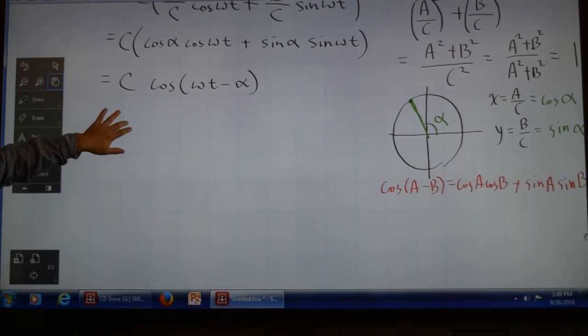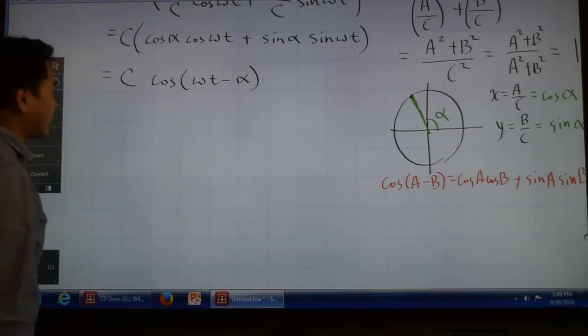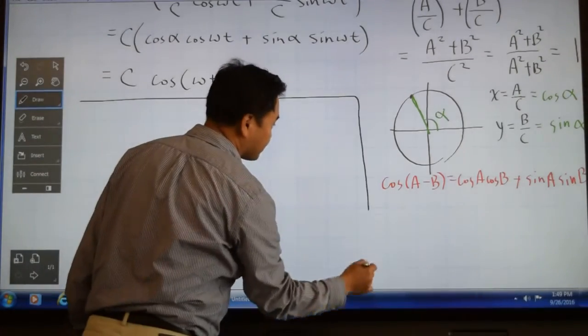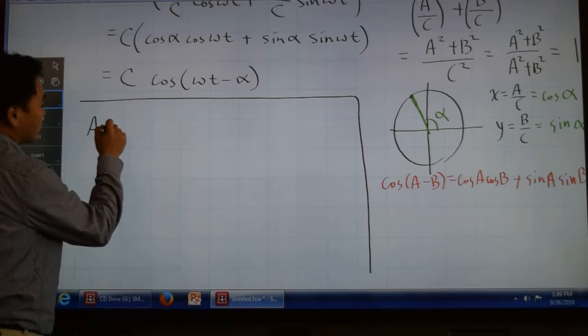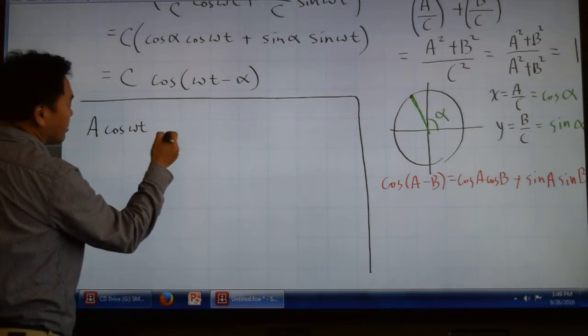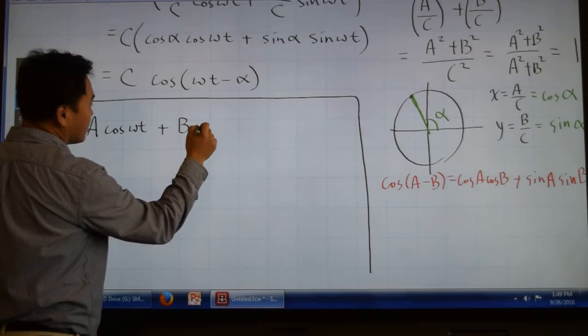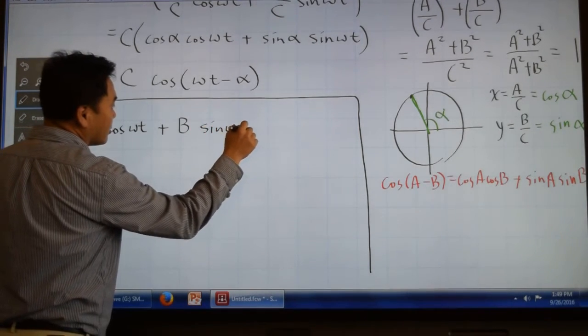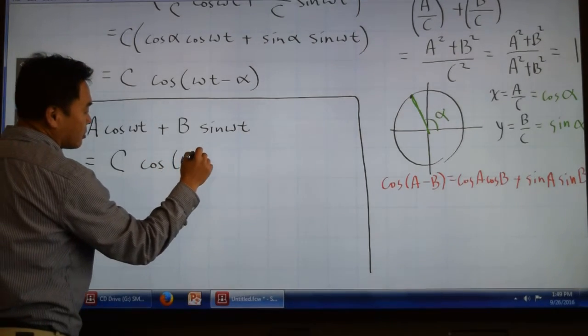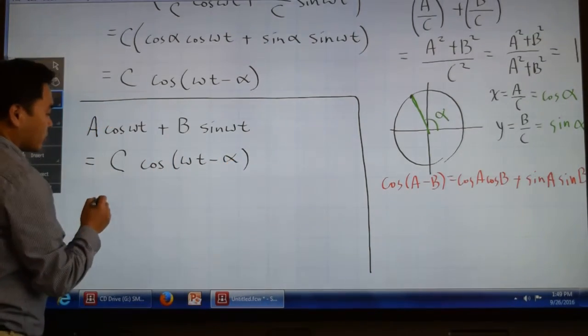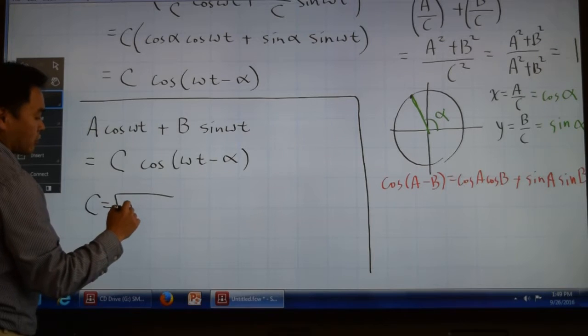Okay? All right, so let me summarize what we found here. If you have A times cosine omega t plus B times sine omega t, this can be put into C times cosine omega t minus alpha, where C is equal to square root of A squared plus B squared.